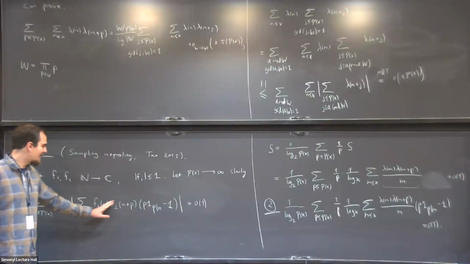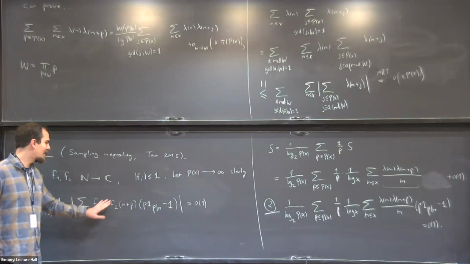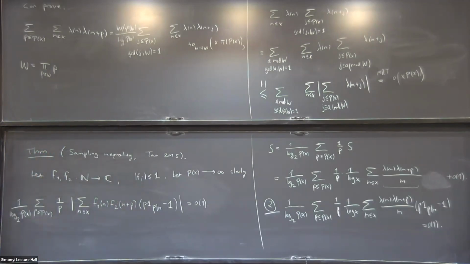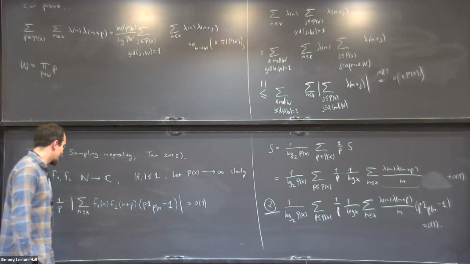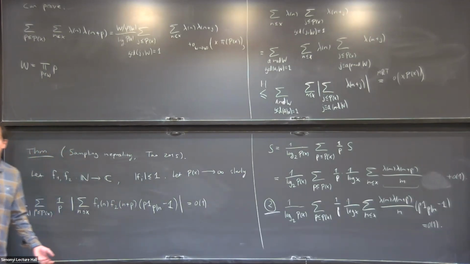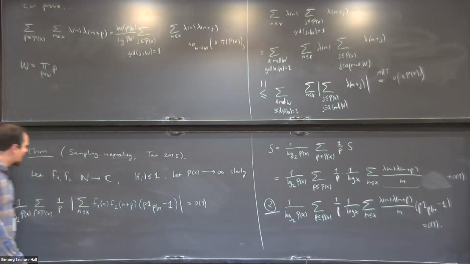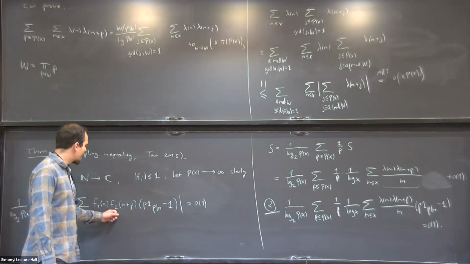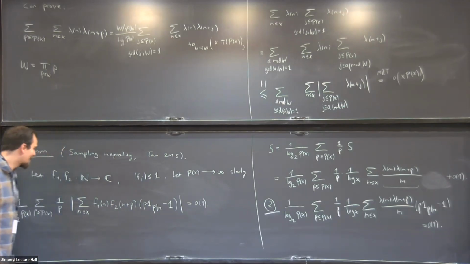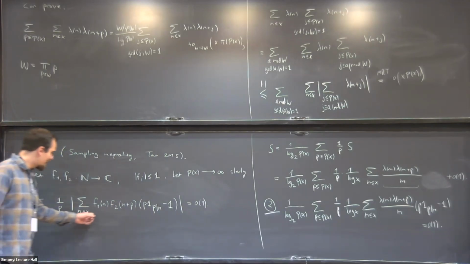If you didn't have the f2, so if you only had f1, then this would be essentially a dual version of the Turán-Kubilius inequality, which can be proved by the L2 method, the second moment method. So things like Cauchy-Schwarz work for that, but that method doesn't work for the case where you have two functions.